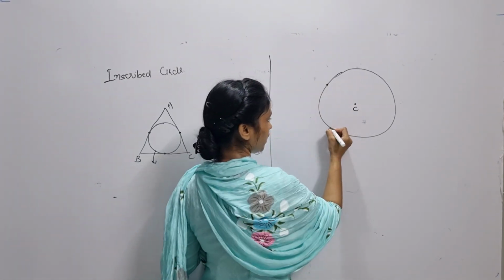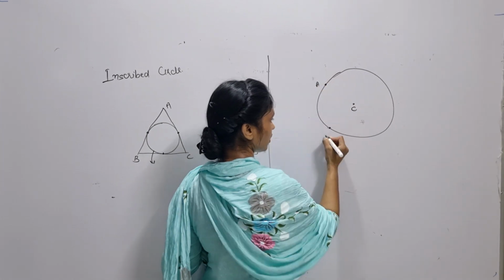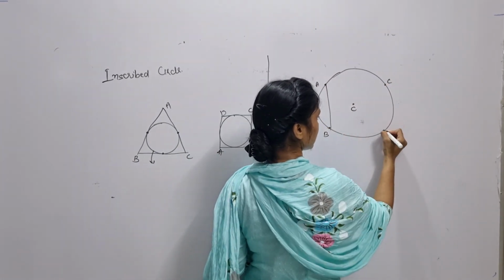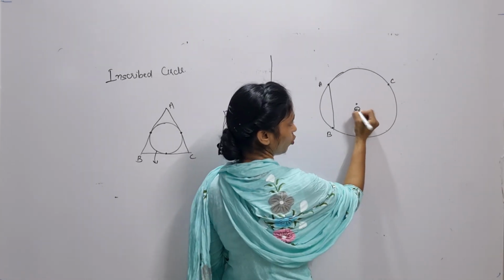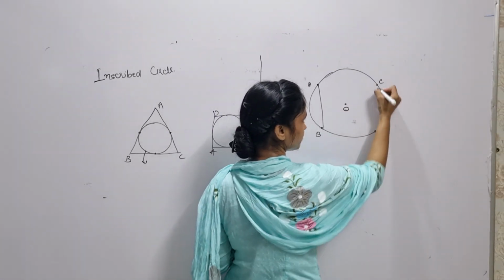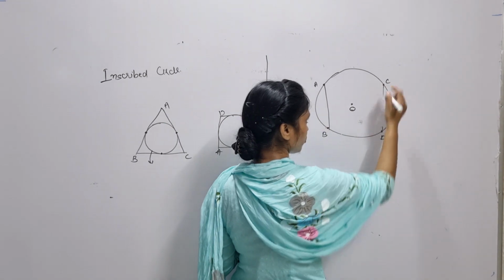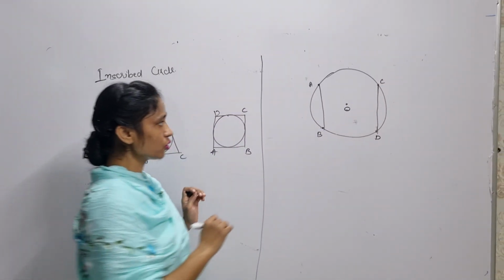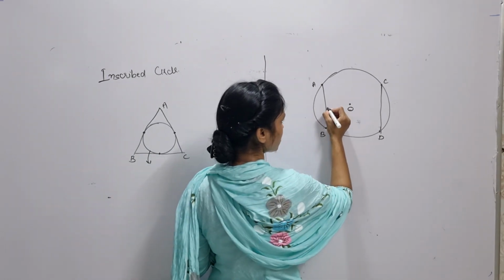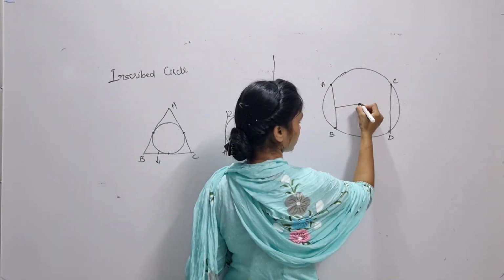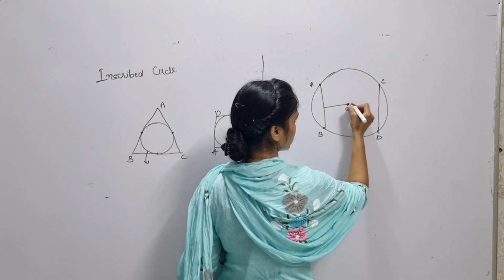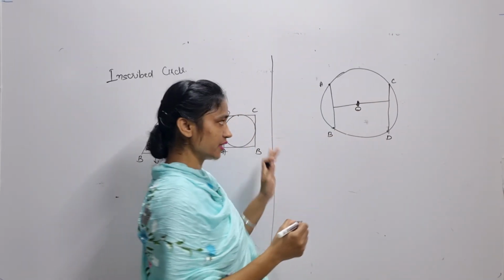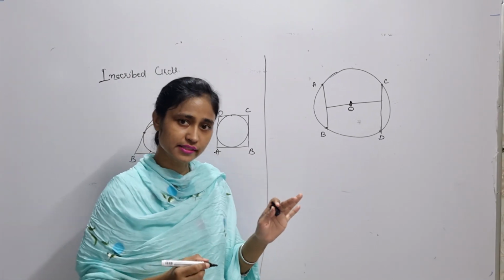Suppose AB and CD are any two chords, and both chords are at the same distance from the center.